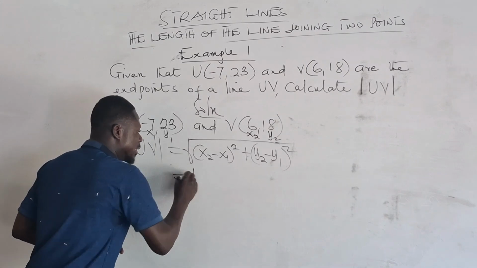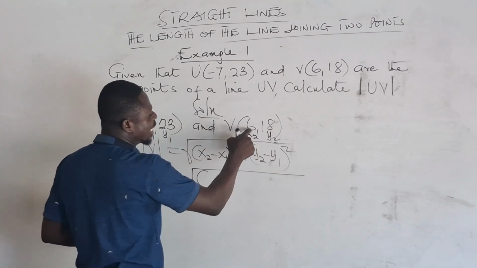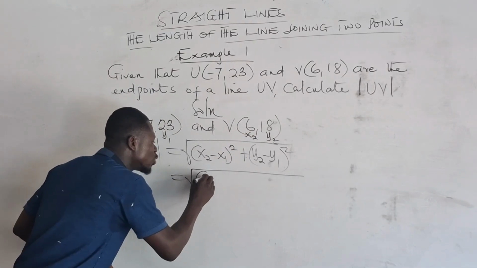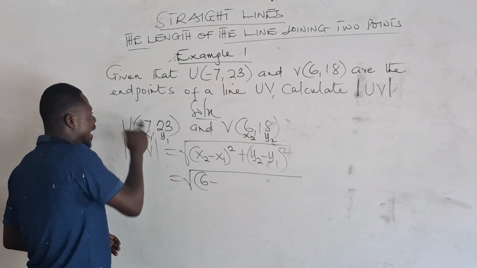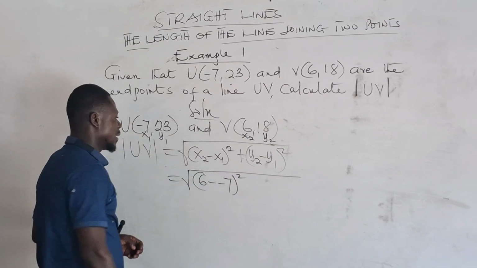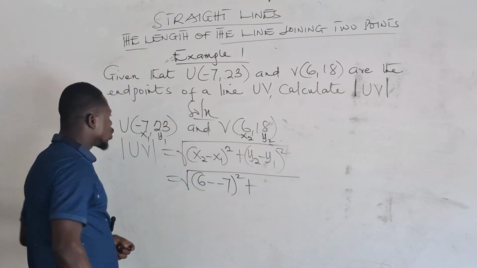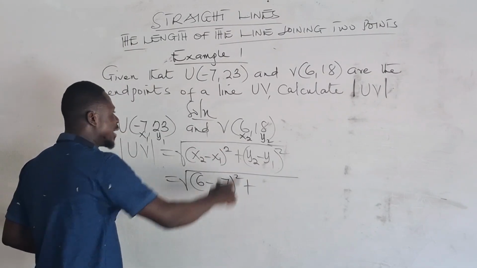Having gotten this, we will do our substitution. So in the square root, we are going to have x2. Our x2 has been obtained as 6. So it will be 6 minus, then there is x1 here. x1 is -7, squared, plus, when we go to the y part, y2 is 18.